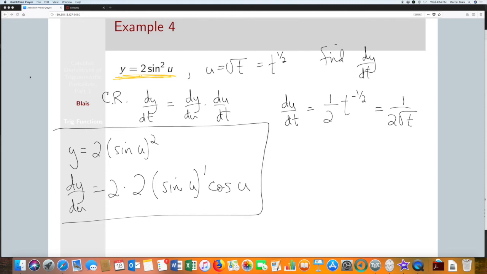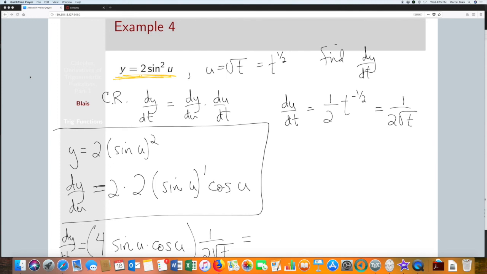Putting these together, using our chain rule formula here, dy dt is the product of these two. Here we have 2 times 2, or 4, sine of u times cosine of u, and then our du dt is 1 over 2 root t.